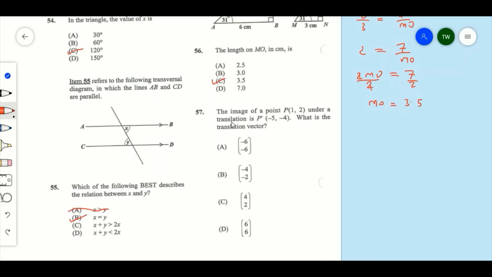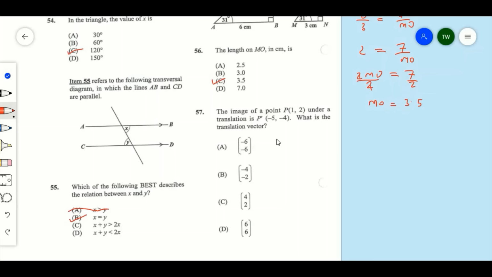Item 57. The image of a point P, 1, 2 under a translation is P prime, -5, -4. What is the translation vector?